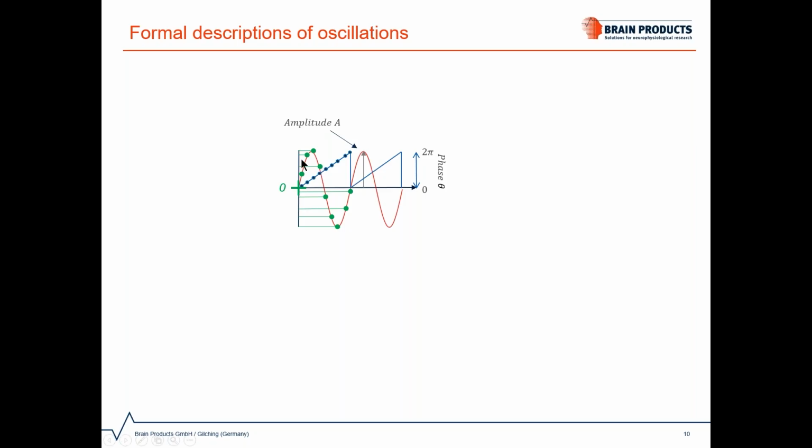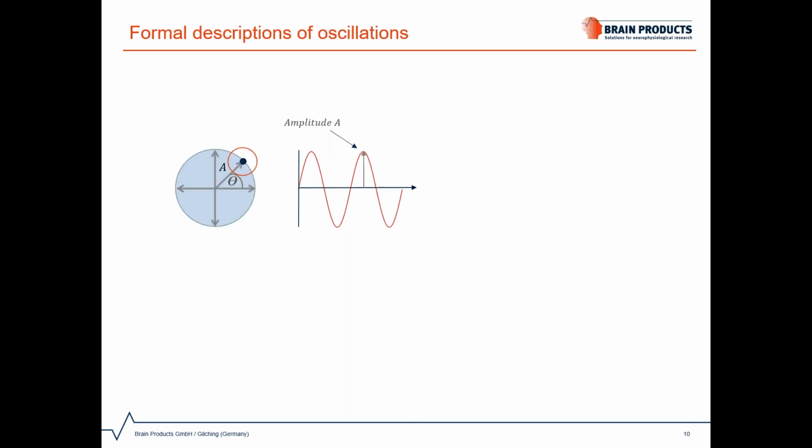One cycle is completed if all phases occurred once and a cycle contains a positive and a negative peak before it repeats. The time it needs to complete one cycle relates to the frequency of the oscillation, and this duration is also called the period of the oscillation.